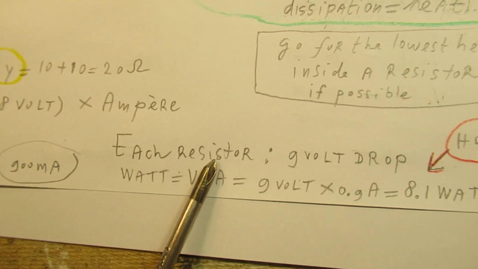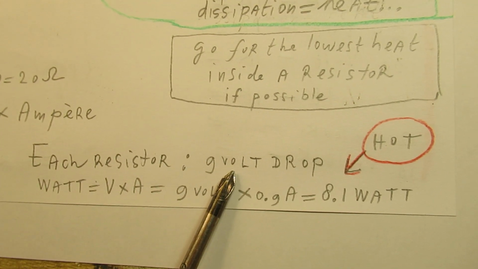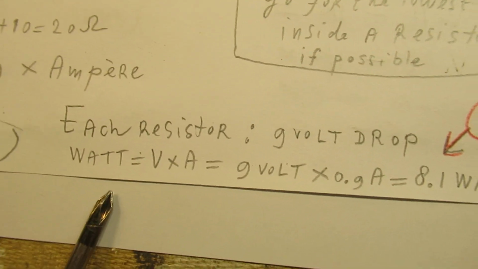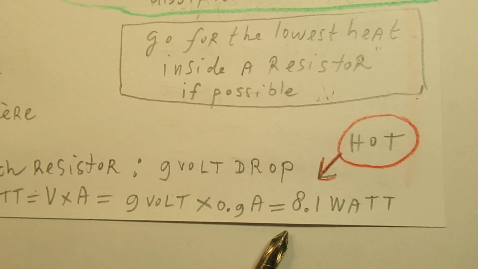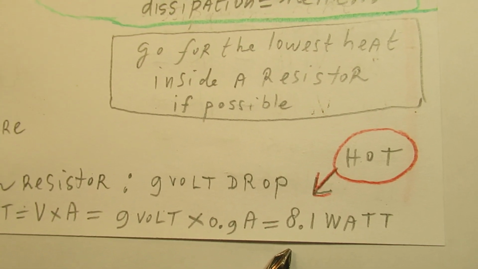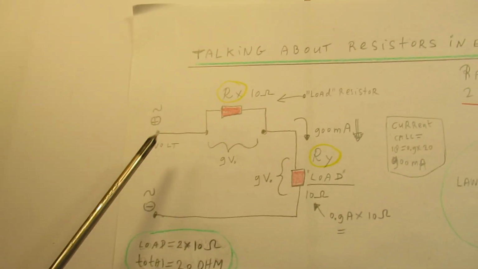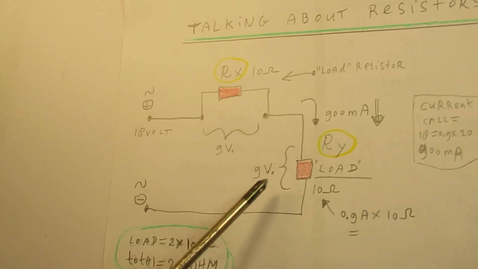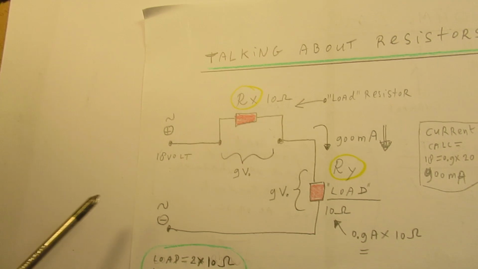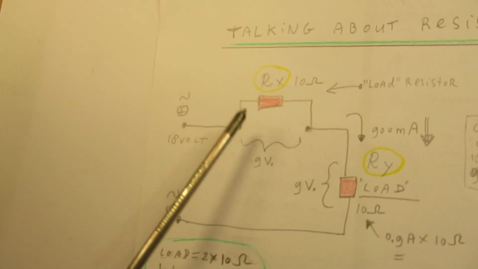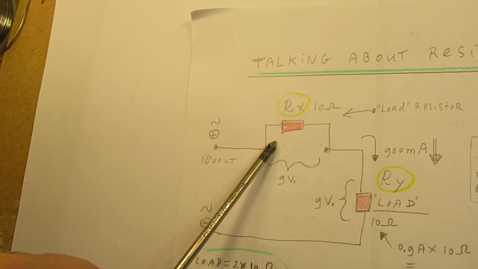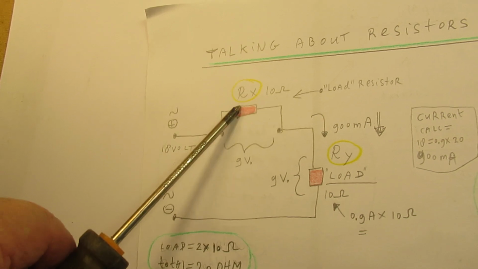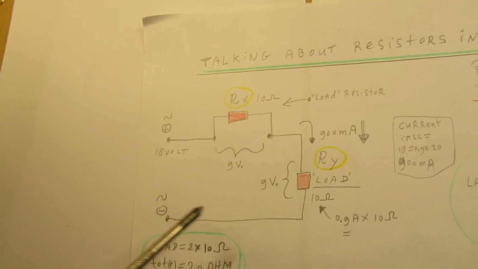Over each resistor we have a voltage drop of 9 volts, and each resistor dissipates 8.1 watt. It means that in this example, it's only an example, both resistors get hot. So when you mount here a 1 watt resistor or a 0.5 watt resistor here and here, they will burn out immediately.